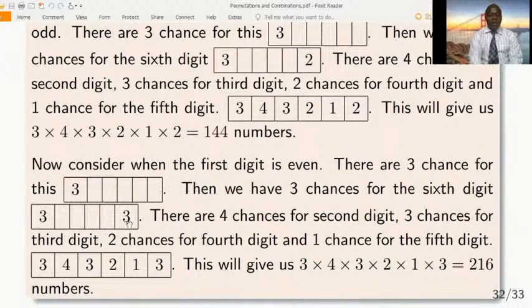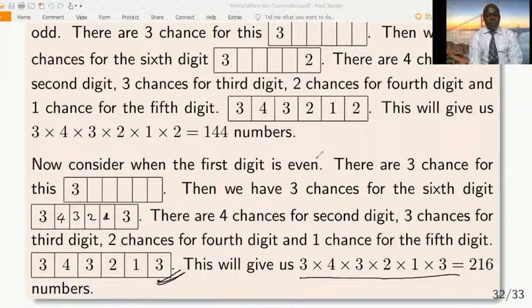You fix one number here and another number here, which are 2 numbers out of 6, so we are left with 4 numbers. That means you have 4 possibilities, 3 possibilities, 2 possibilities, then 1 possibility. So the number of possibilities is 216.